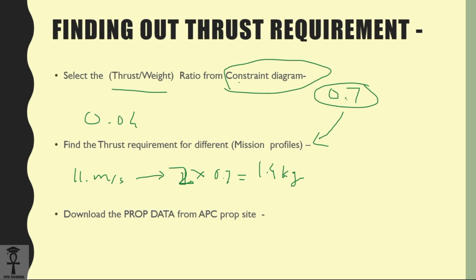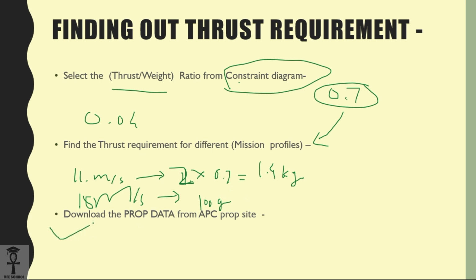In order to cruise at around 15 meters per second, we need a thrust of around 100 grams. So it is quite normal, and we don't even need to consider it while selecting the prop.